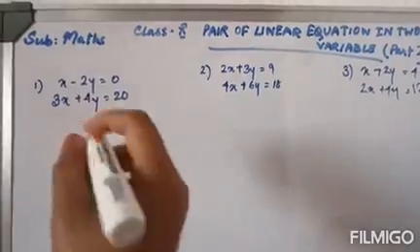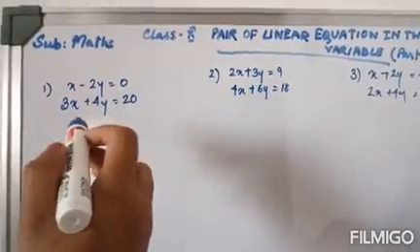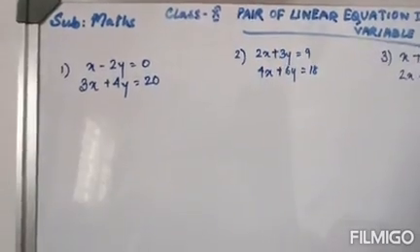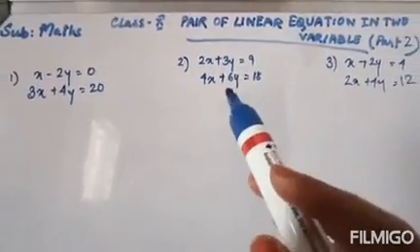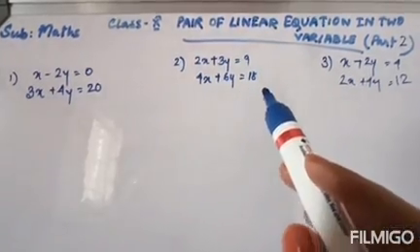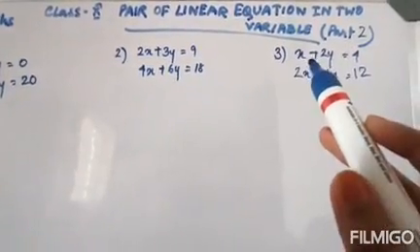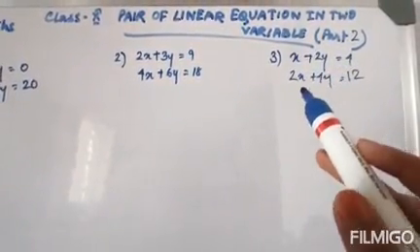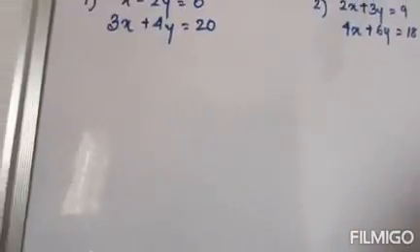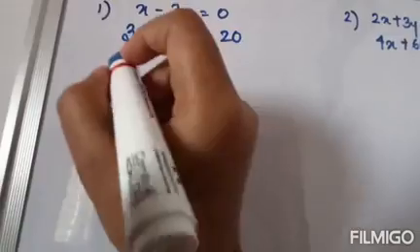One is x minus 2y equal to 0 and 3x plus 4y is equal to 20. Second is 2x plus 3y is equal to 9 and 4x plus 6y is equal to 18, and the third one is x plus 2y is equal to 4 and 2x plus 4y is equal to 12.